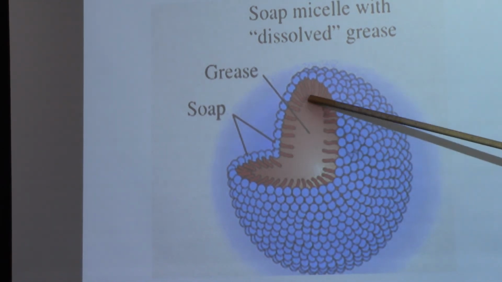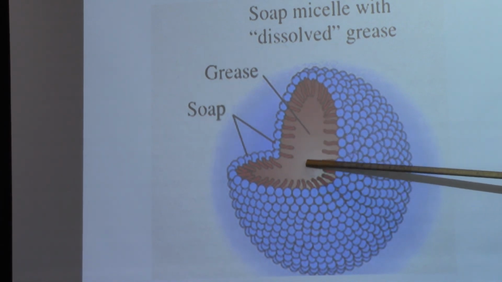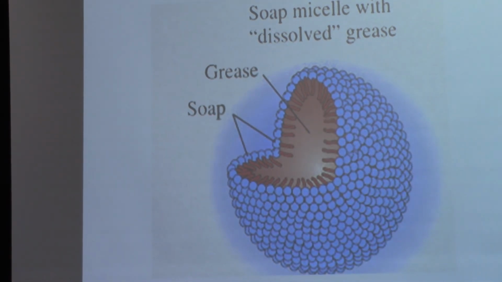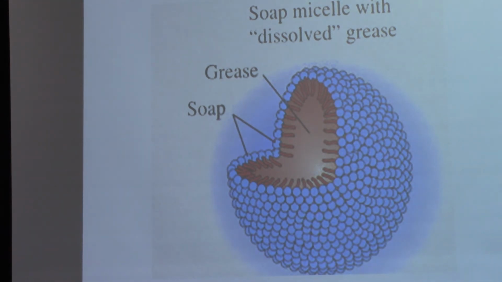And then inside here are your natural oils from your hands, which have the coronavirus and etc. attached to it. All right, so that's how it works. It's pretty simple, and it does the job. So wash your hands.